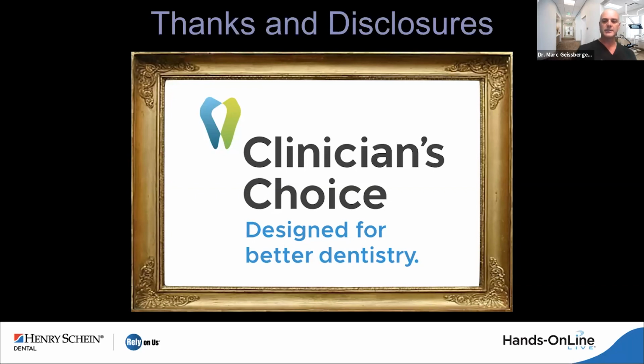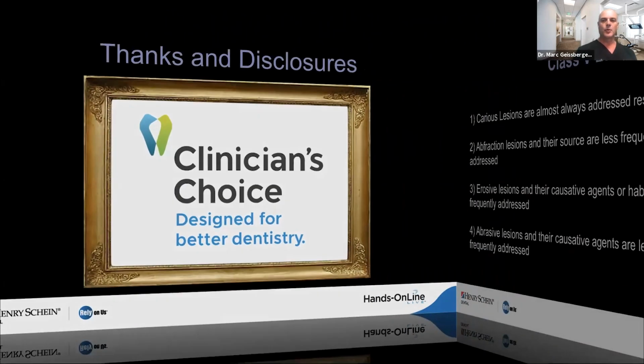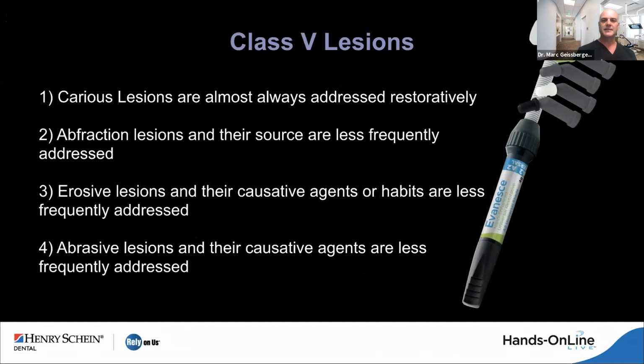I'll be going over a few of the products from them that I use on a routine basis for Class 5 restorations. And it's important to recognize that Class 5 lesions are abundant in our practices. In fact, I think they're an untapped potential in most dental practices. Now, we know Class 5 lesions come in different forms, whether they be carious lesions, abfractions, erosive lesions, or even toothbrush abrasion can all cause these Class 5 lesions to exist.